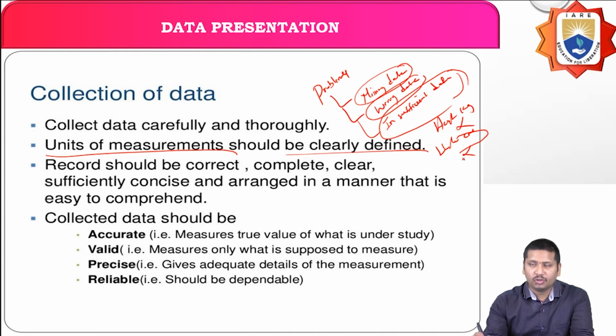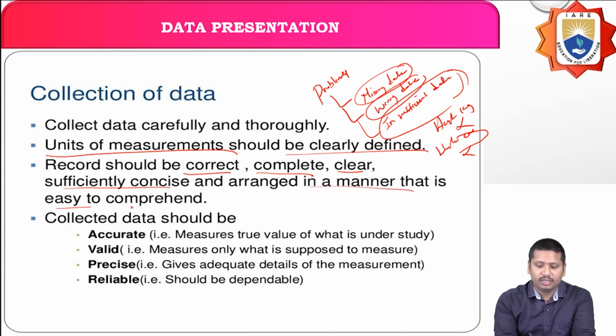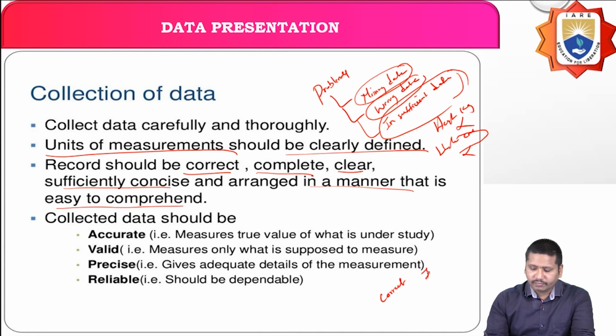The units of measurement should be clearly defined, and we should record correct and complete data that is clear, sufficiently concise, and organized in a manner that is easy to comprehend. Whatever is recorded should be correct, incorrect data should not be considered, and incomplete data should not be there.